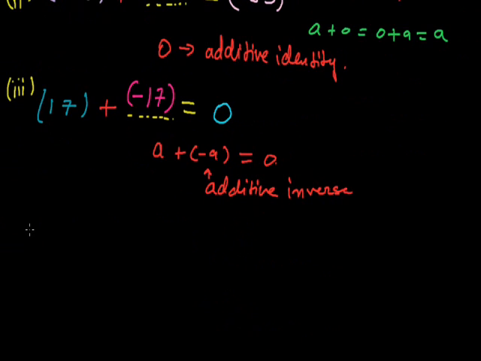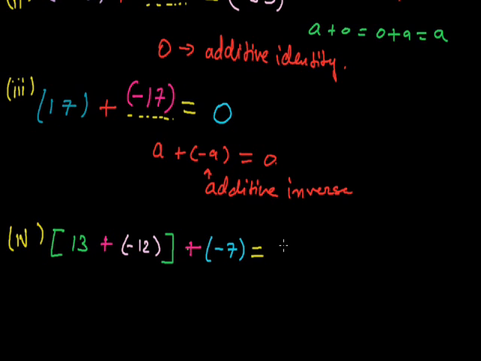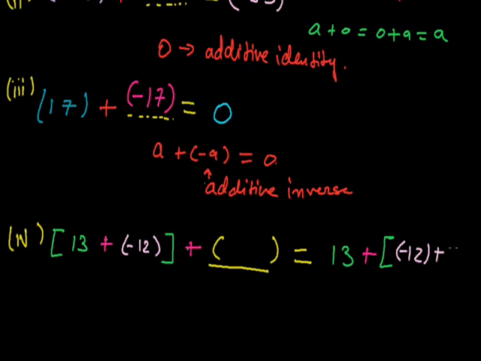Now the fourth part, 13 plus minus 12 plus minus 7 will give you 13 plus bracket minus 12 plus dash and bracket close.